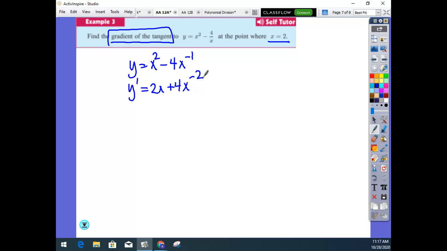When you evaluate, I think this is a lot easier to move the x to the negative 2 back to the denominator, because now we're going to find the gradient. The gradient is your slope, and we're finding that by plugging 2 into the gradient function.